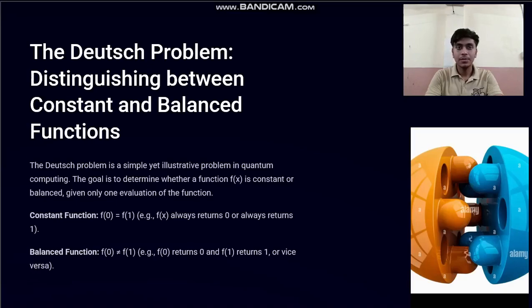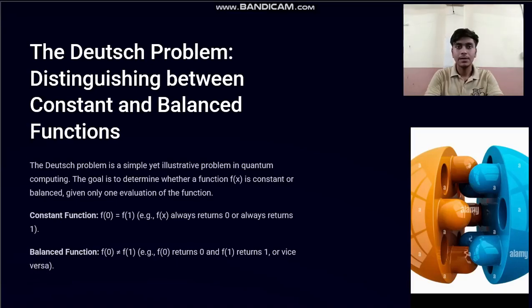Now there are two possible types of functions, constant and balanced. In a constant function, the function always returns the same value whether x is 0 or 1, which basically means f(0) is equal to f(1). In a balanced function, however, the function returns different values for f(0) and f(1).